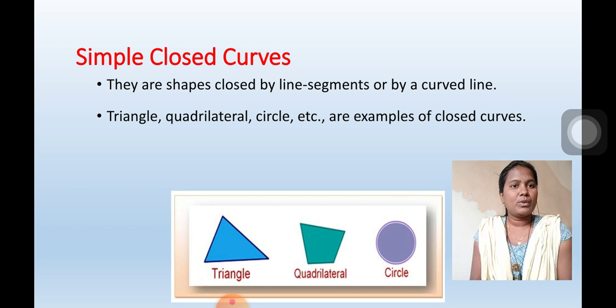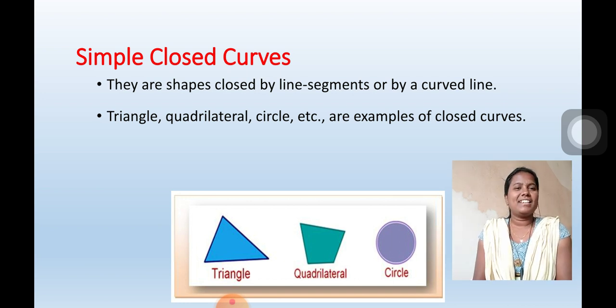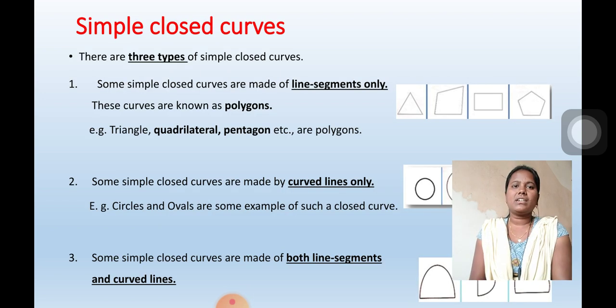It is made up of line segments. The quadrilateral is also a simple closed curve made up of line segments. And a circle is a simple closed curve made up of a curved line. So these are the examples of simple closed curves.